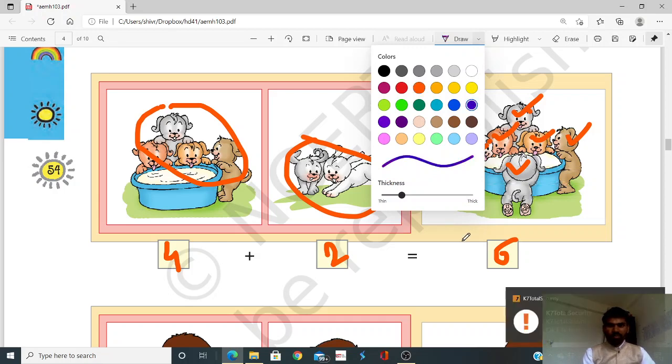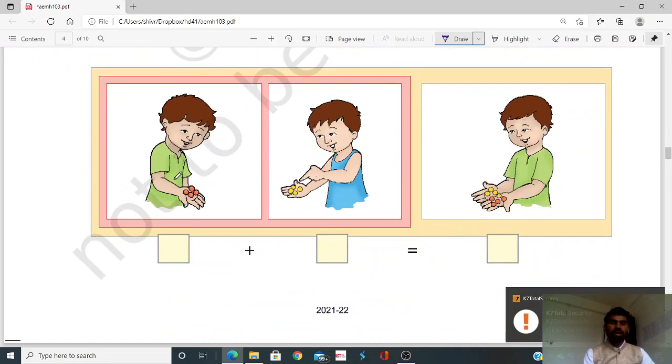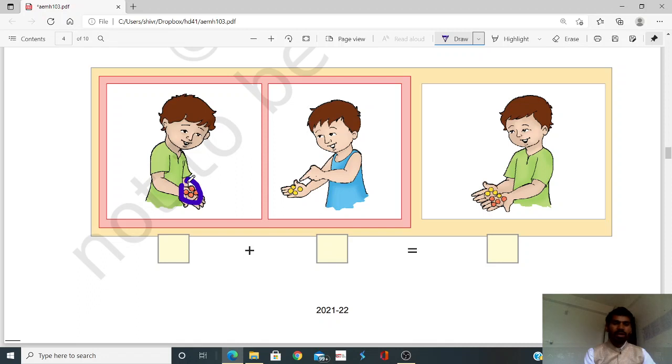now here you can see this boy is showing 4 objects, and this boy is also showing 4 objects. Here you can see one boy is showing 8 objects.